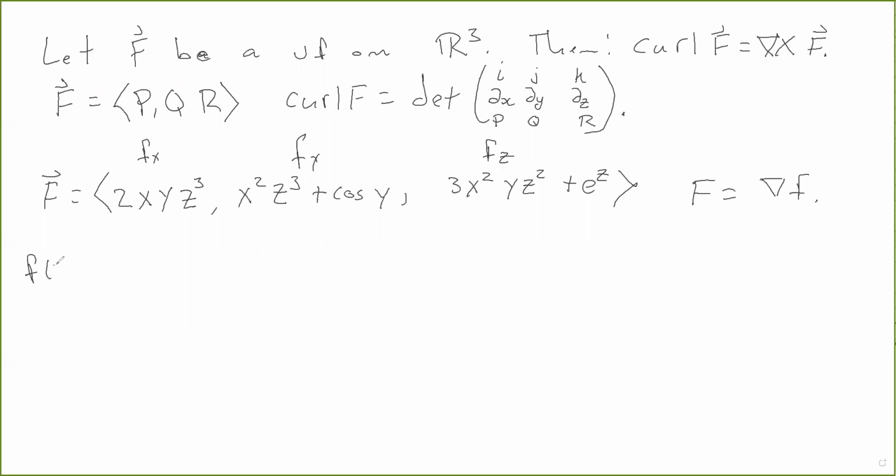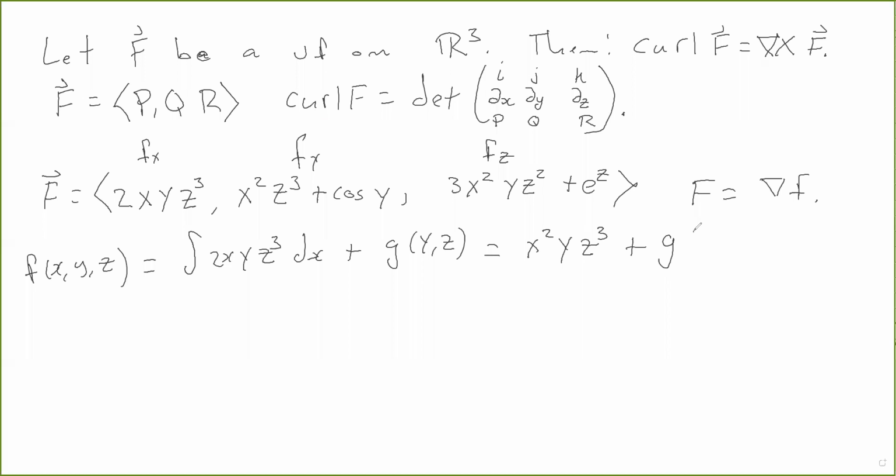So we're going to start by saying, if this is true, then this is going to be the antiderivative of 2xyz cubed dx plus a constant of integration, but now the constant has to be a function of y and z, because the derivative of this with respect to x is equal to 0. So this is going to be x squared yz cubed plus some unknown function g of y, z.